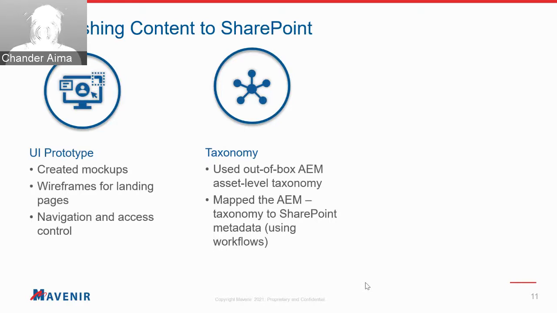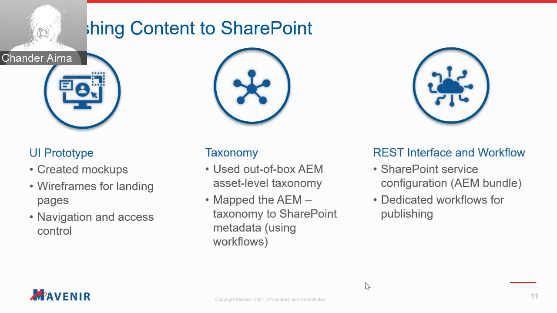Once these two were in place, we configured the REST interface in AEM to talk to SharePoint. This was done via SharePoint service configuration. The team built workflows for publishing content and metadata. This is the asset level metadata that goes along. So when we run a workflow, the workflow pushes the PDF and HTML, and also pushes the metadata along with it.